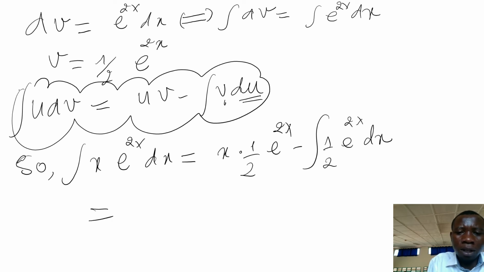So this will be x over 2 e power 2x minus 1 over 2 times 1 over 2 e power 2x.